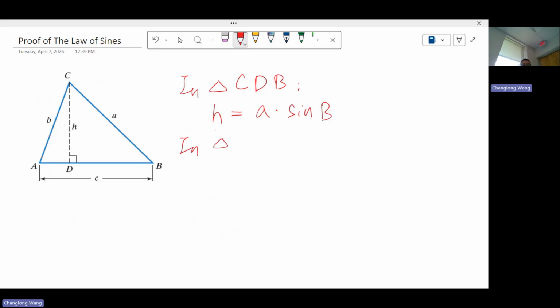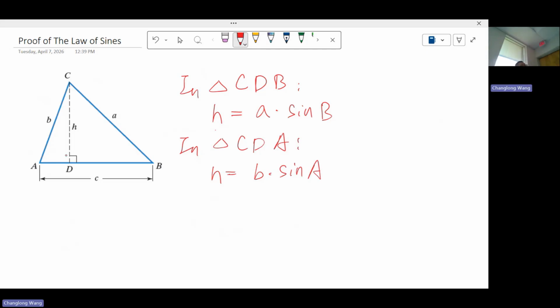Okay, what about in a triangle CDA? Can I do the same thing to find out what the h is in terms of little b and angle A? I'll write it down. B times sine A. Am I right?